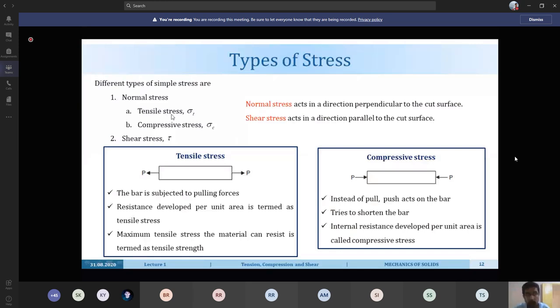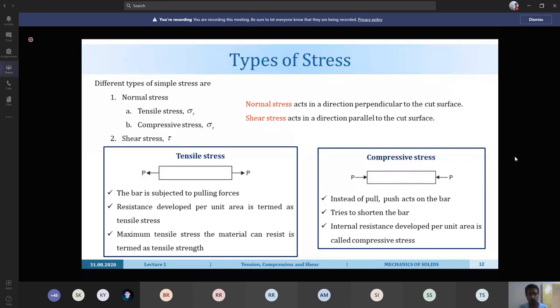Tensile stress is denoted by sigma t. Basically, the bar is subjected to pulling forces. What we are trying to do here is elongate the bar.